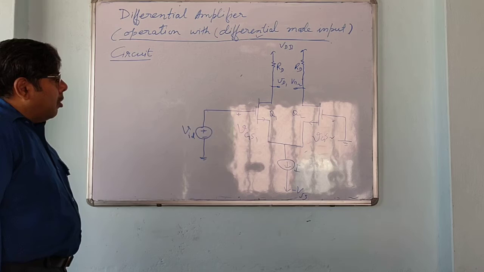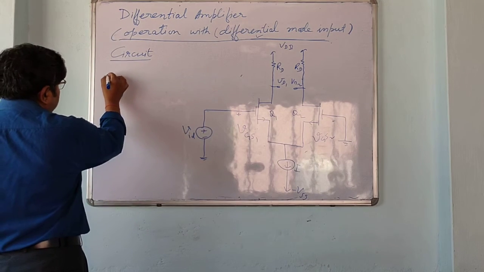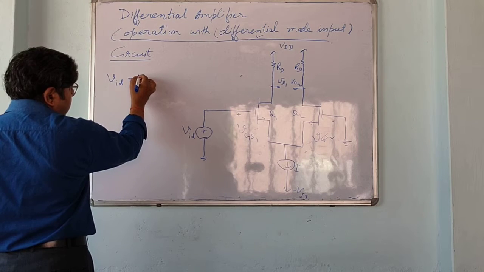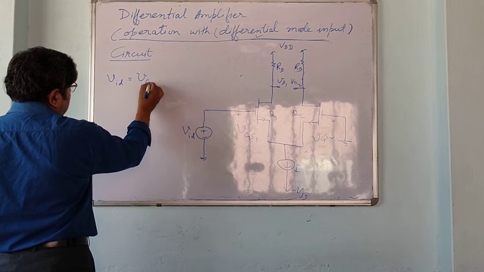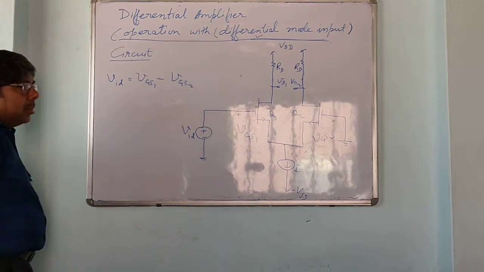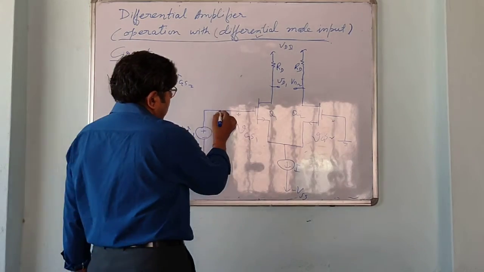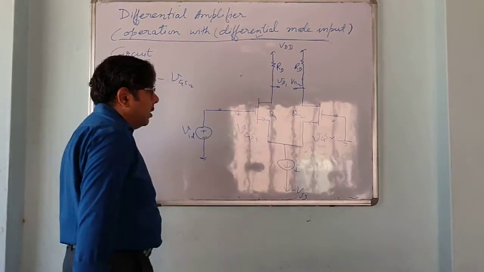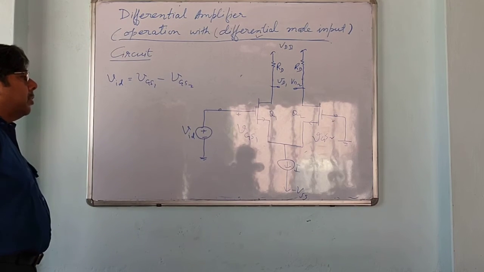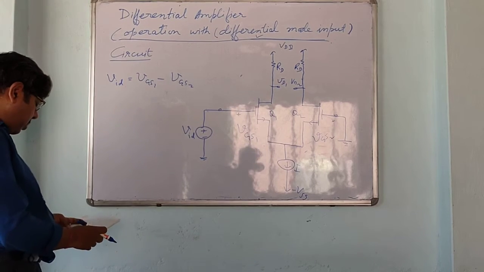Now how does this operate? What is the differential input? It is the difference of the two, that is VGS1 minus VGS2. The difference of these two gate terminal voltages is called the differential input.